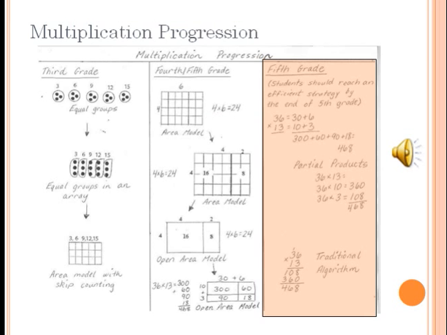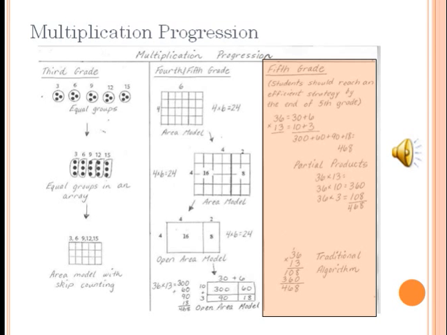This brings us back to the multiplication progression. We've now seen how 3rd graders model multiplication, 4th graders model multiplication, and in the beginning of 5th grade, how those students model multiplication. We're now going to show you the efficient strategies that we hope students will leave 5th grade being able to do.